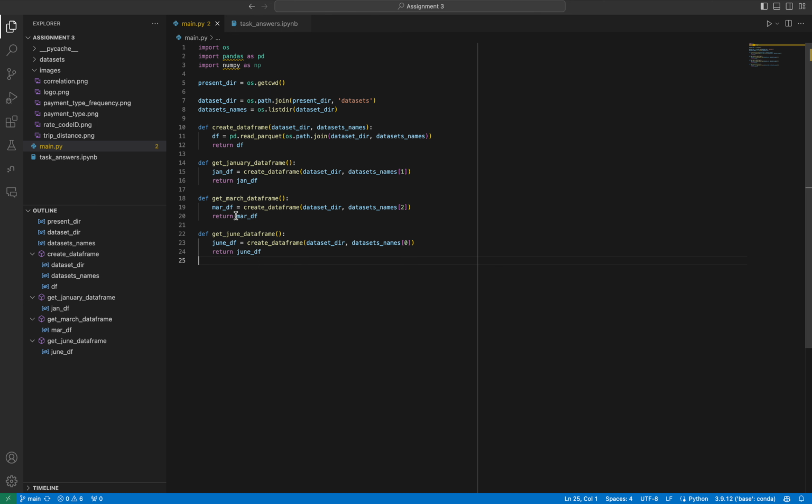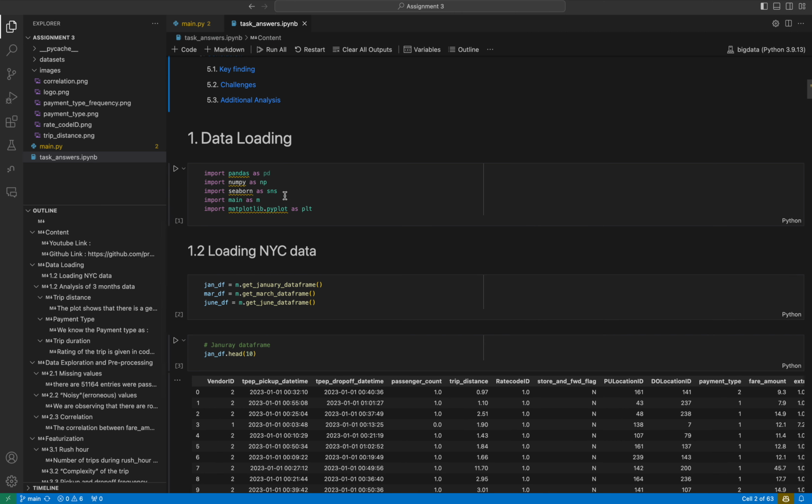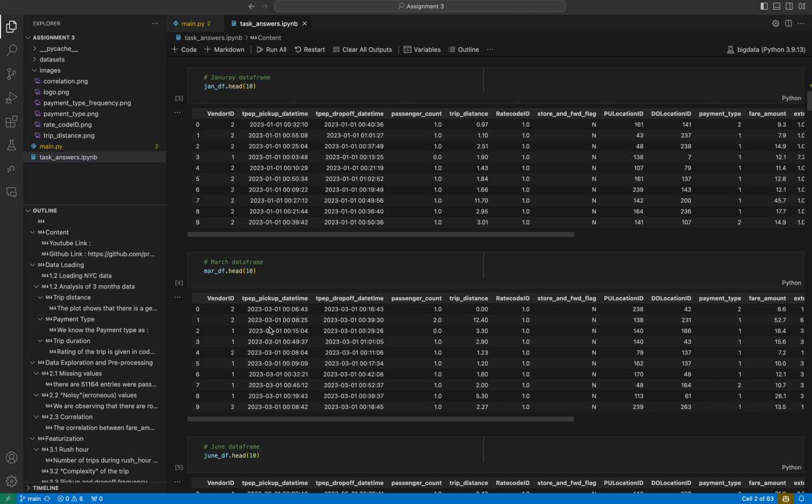I have a frame which gets the January data frame, the March data frame, and the June data frame, and I'm using this main.py file to get all those data frames. Now, in terms of comparison, I have identified three comparisons.